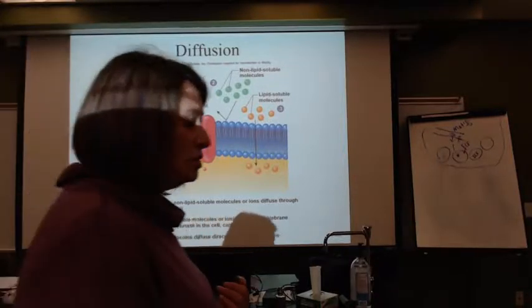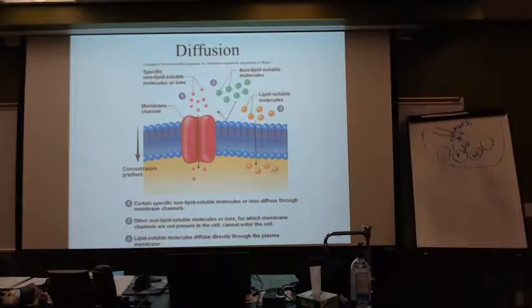So the way to do that is to have a protein that will facilitate the movement of only the glucose. So now, even though we're going mostly from high to low concentration, it is still a way for the cell to control what moves into it.